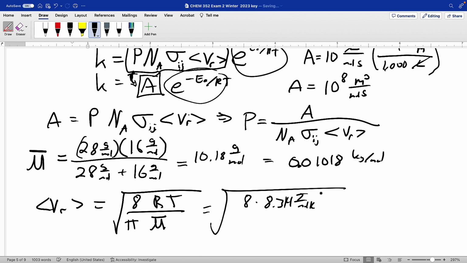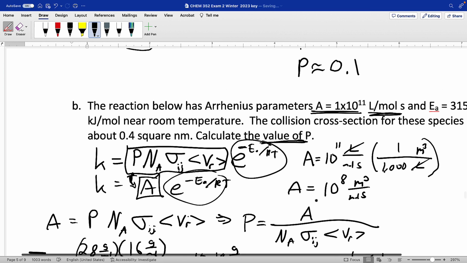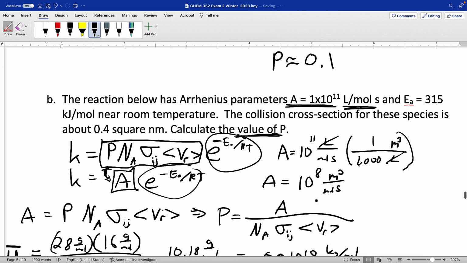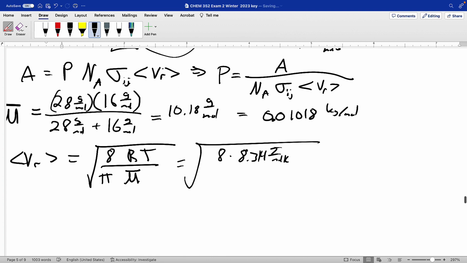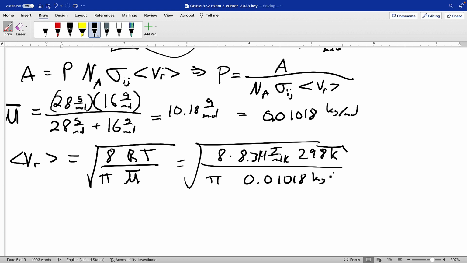We've got 300, and near room temperature, so we're just going to do room temperature. So we've got 298 kelvins, and we've got our mass per mole in kilograms. So we can see our per mole is going to cancel out, our kelvins cancel our kelvins, and we've got joules divided by kilograms, which gives us meters squared per second squared, so take the square root.